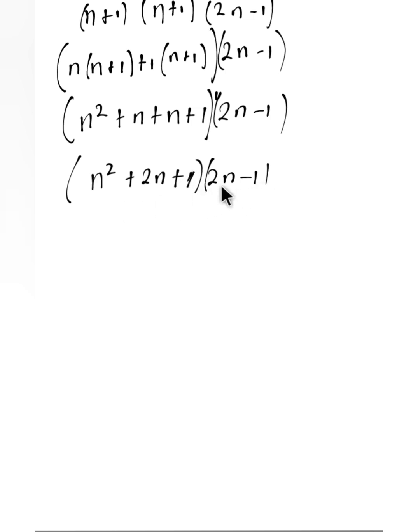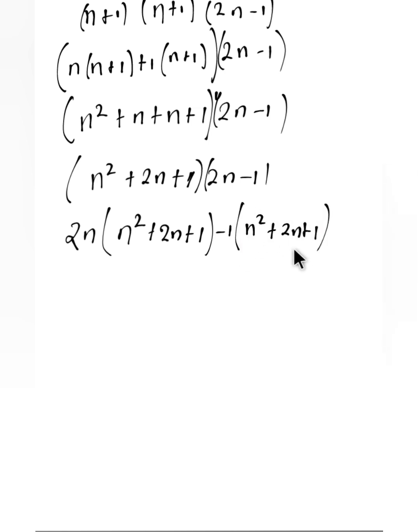Okay, so to expand this bracket, let's use 2n first. 2n into n squared plus 2n plus 1, minus 1 into n squared plus 2n plus 1. Now if we simplify this down, we have 2n raised to the power 3 plus 4n squared plus 2n minus n squared minus 2n minus 1.